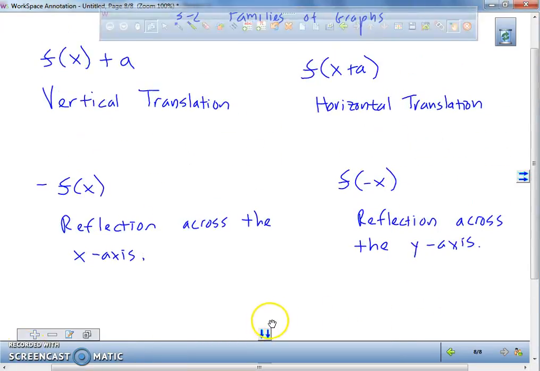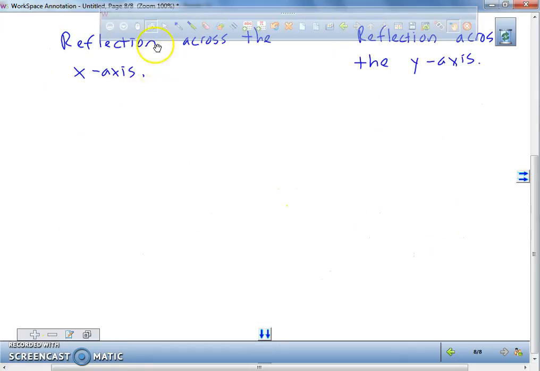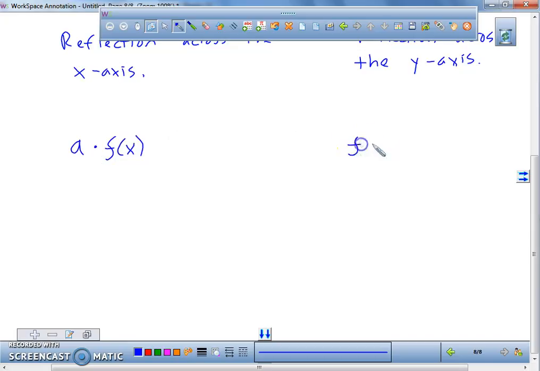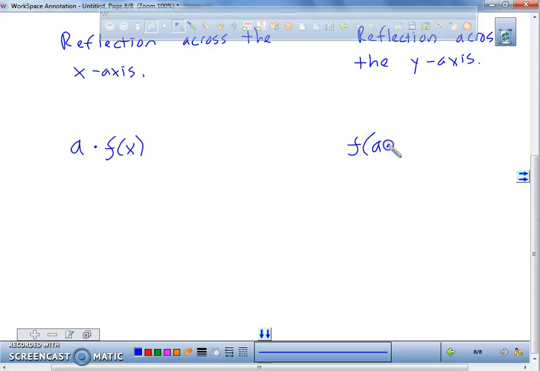I'll pause. All right, now the part that's the most confusing for students is the difference between when you have a number being multiplied to the function, or you have this particular a value being multiplied to the x's.